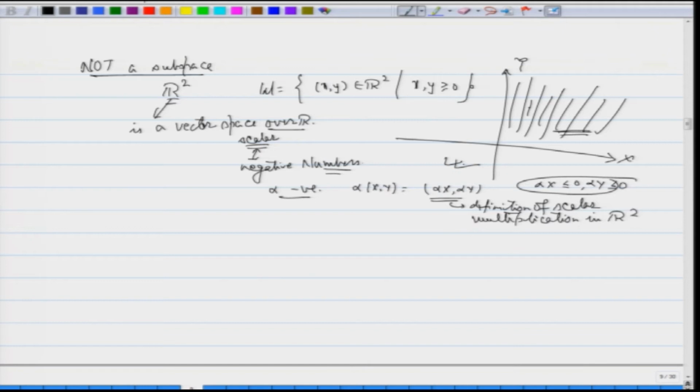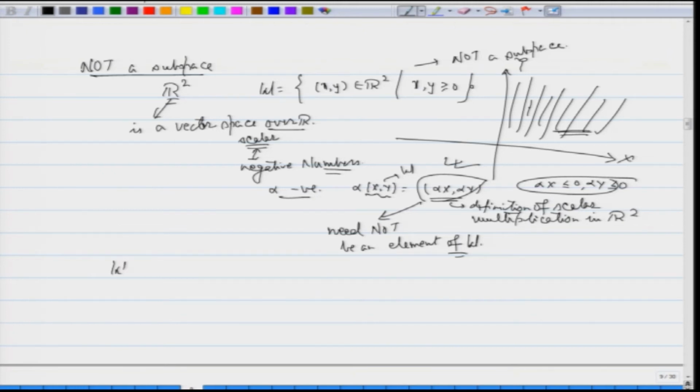All right. So, even though I am multiplying, these two elements are supposed to be an element of W, but this part need not be an element of W. So, W is not a subspace. Is that okay? So, not a subspace.